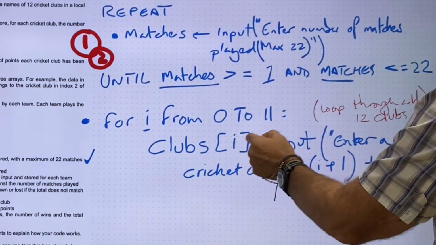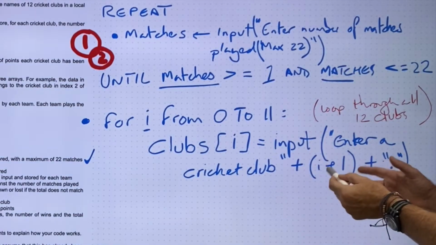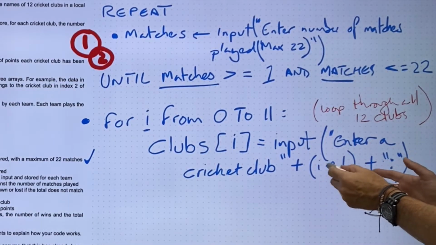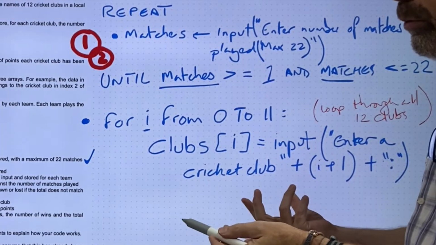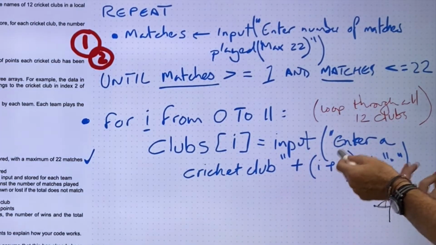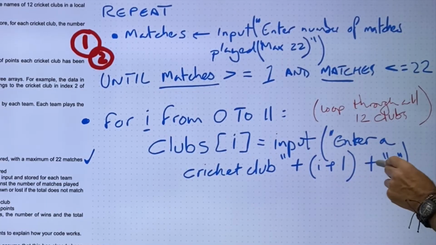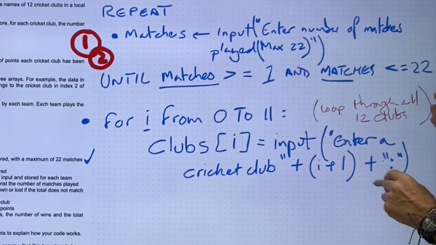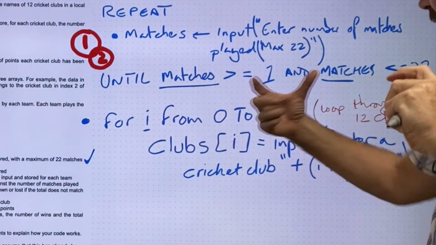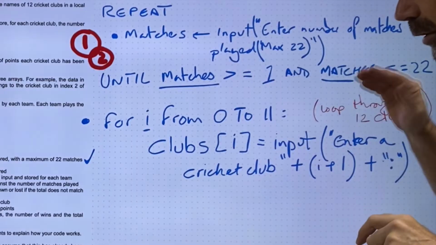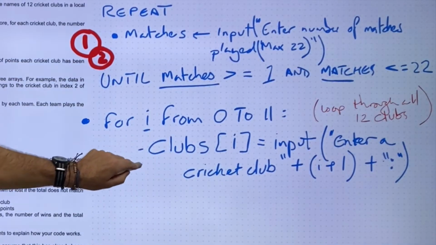Clubs, the index value, input, enter a cricket club, and then plus, basically it's saying what number that club is. So I is its position, so at position 0, we've got club number 1. Okay, and then we've got a little plus. I've just put a little colon because it's going to appear as a message. So that's going to loop through all the clubs and we can enter them. And it's storing it in the array, clubs.